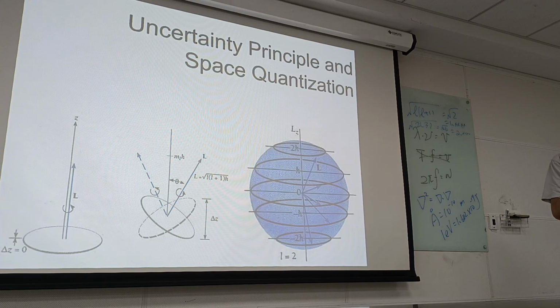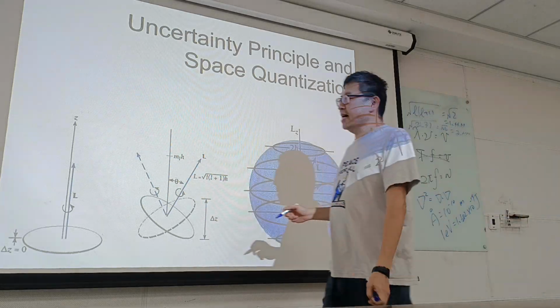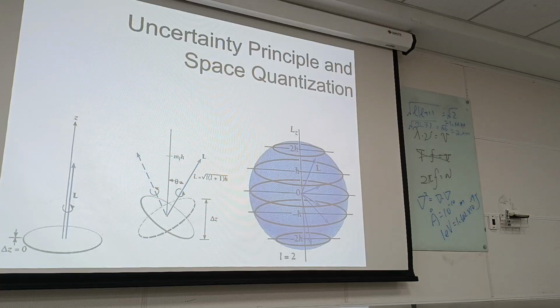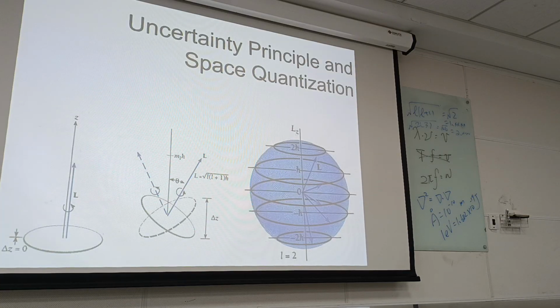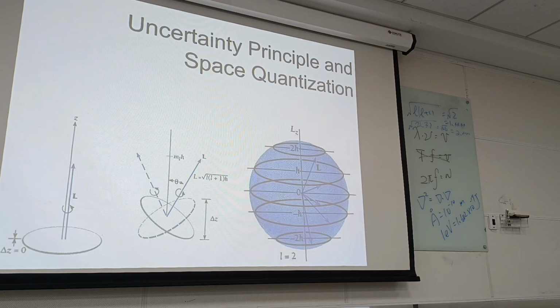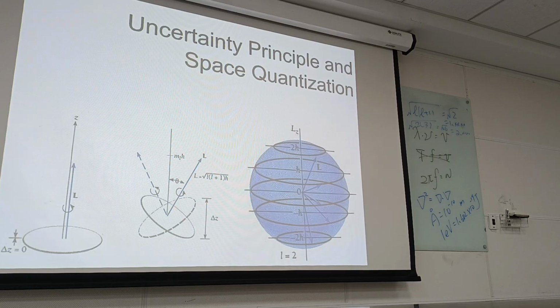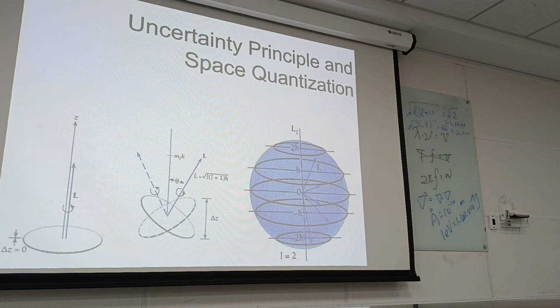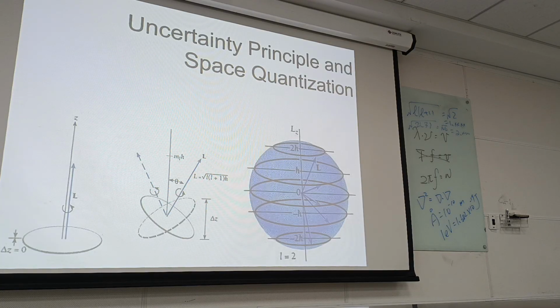In this atom, L is here. This atom, L is here. This atom, L is here, because they are not connected to each other. If I apply a magnetic field, all the atoms will align.